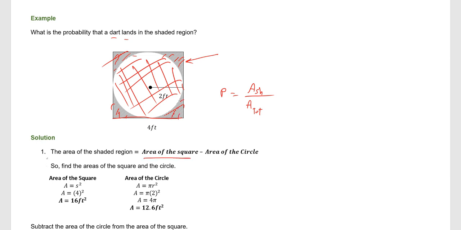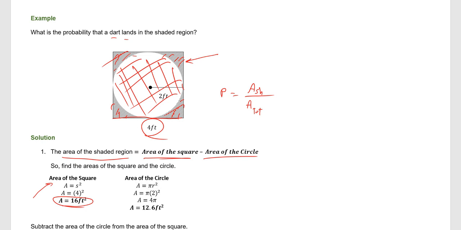Once you've found that, the total area is simply the square of any side of the square. So 4 feet times 4 feet is 16 feet squared, which is side squared.